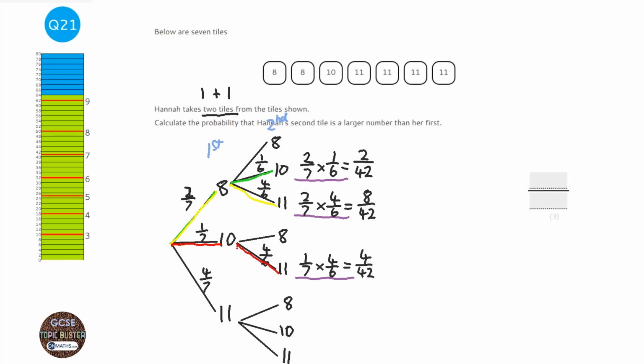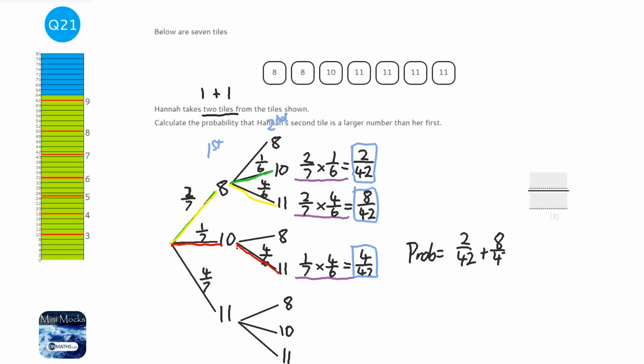Now, whenever we've got multiple outcomes, and it can either be this one, or this one, or this one, we add them together. Okay, so the probability is 2 over 42 plus 8 over 42 plus 4 over 42.